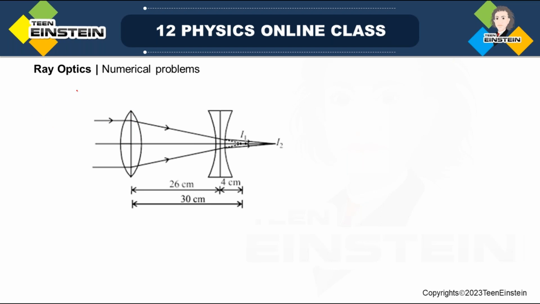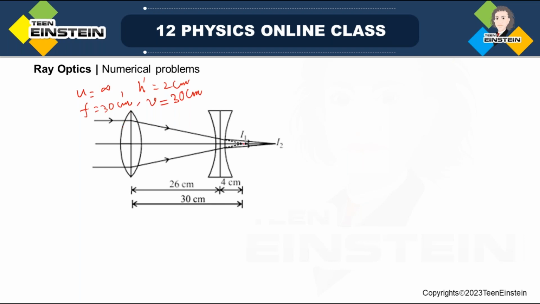So u is infinity in the beginning for this convex lens, and it forms an image whose size is 2 centimeter, and the focal length of the lens is given as 30 centimeter. So the image will be formed by this convex lens at 30 centimeter itself, because the rays are parallel.